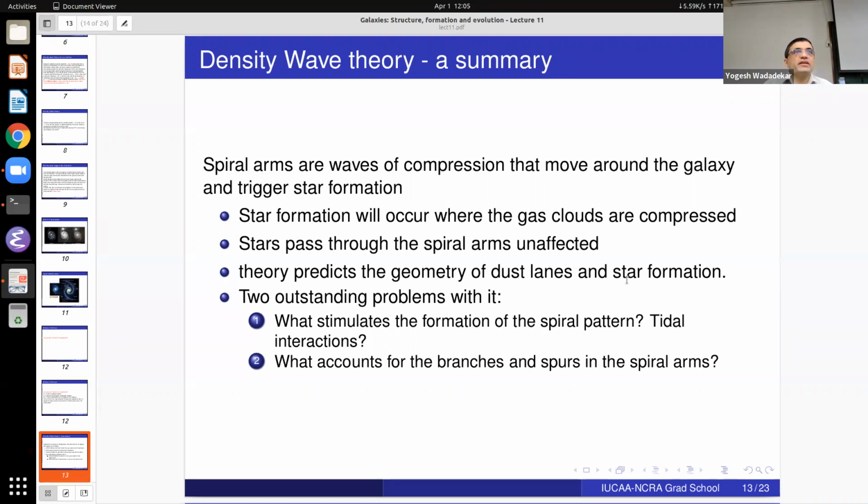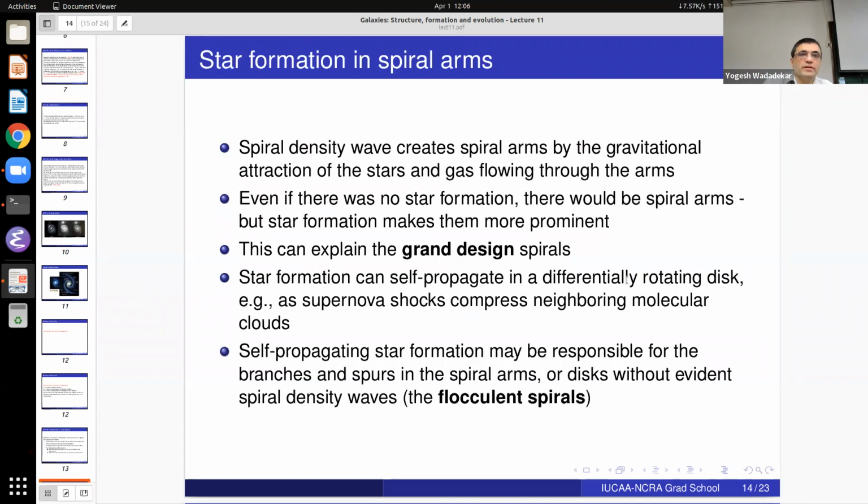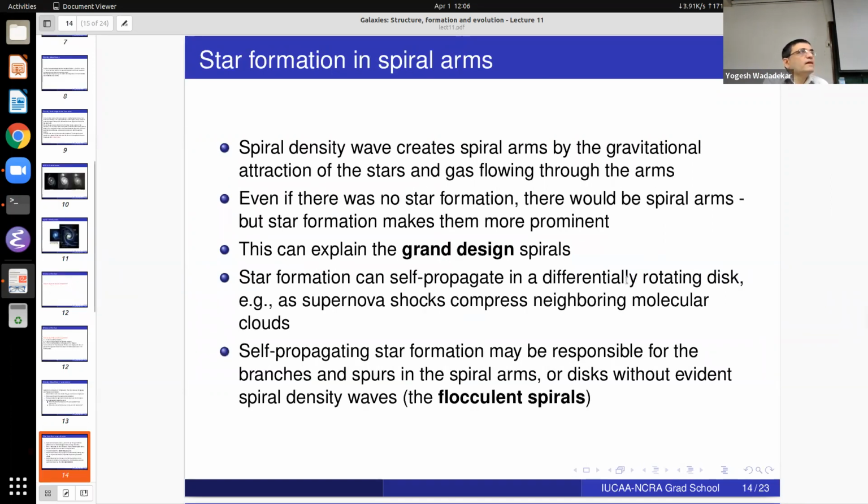The spiral arm has some little things sticking out on either side of it, like branches of a tree. Those are the spurs. Why they exist, nothing is explained by the density wave theory.